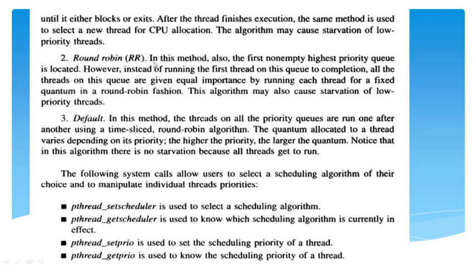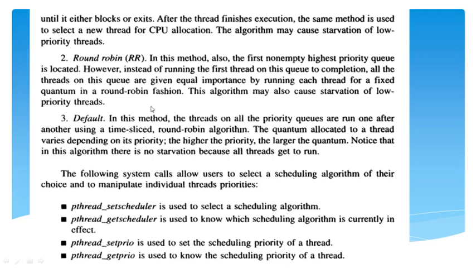And the second scheduling algorithm is RR, round robin. Here a fixed time quantum is used, and all the threads are given equal importance, and it runs each thread for a fixed quantum.